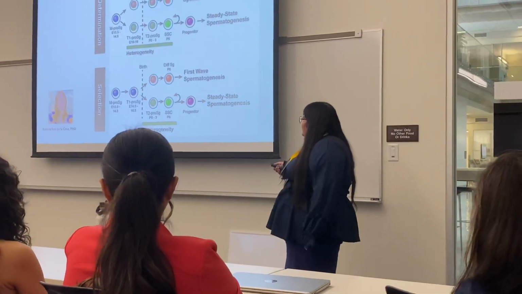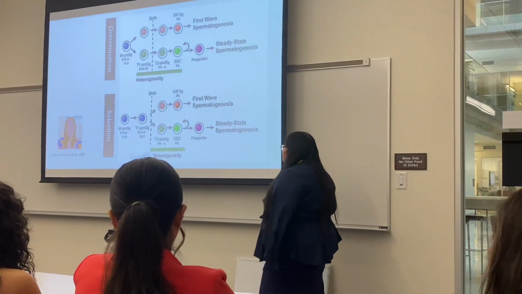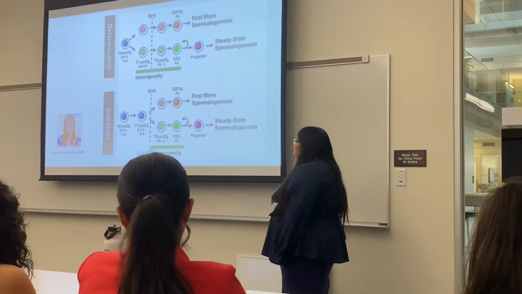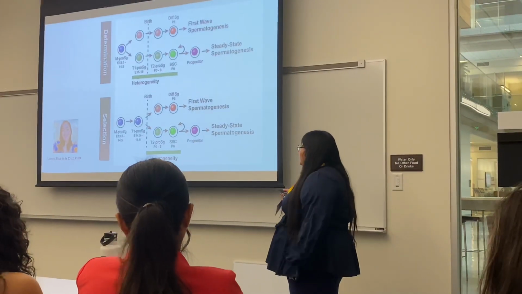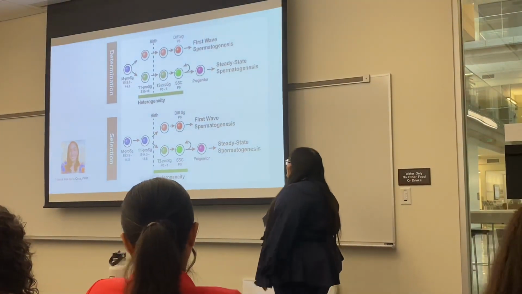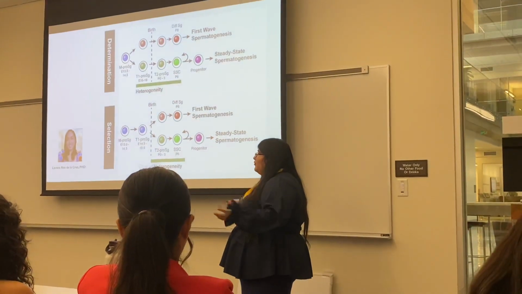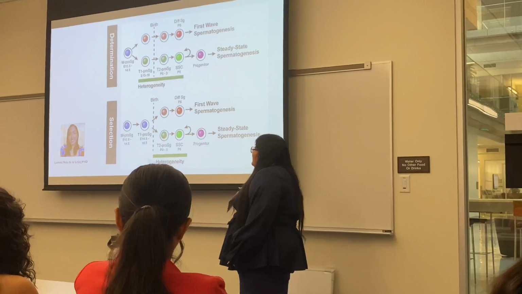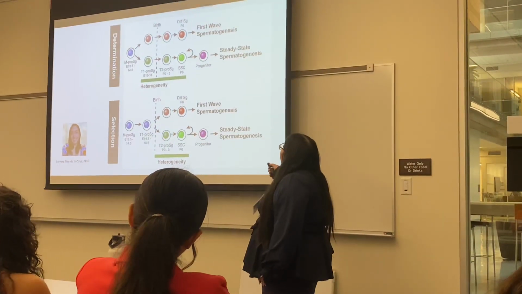A graduate student in my lab, Dr. Roa de la Cruz, because she got her PhD very recently, developed 2 theories with my PI, Dr. Herman. One was determination, where these prospermatogonia, since they were developed from those primordial germ cells, have a clear path throughout their life.